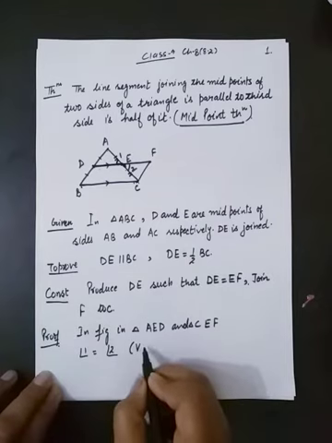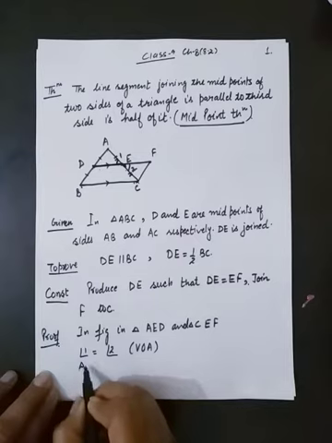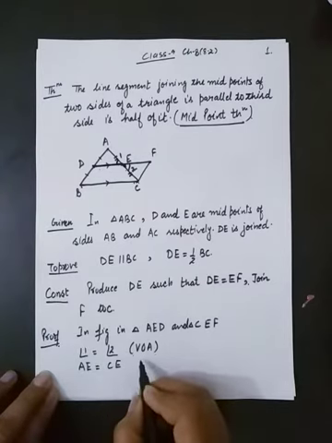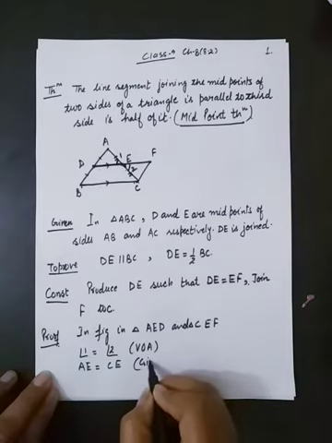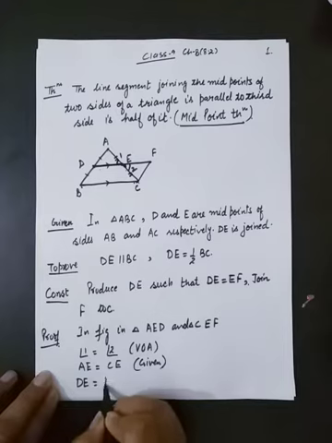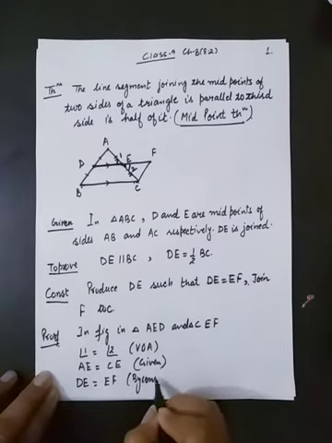These are vertically opposite angles, and AE is equal to CE. This is given. And DE is equal to EF. This is by construction.